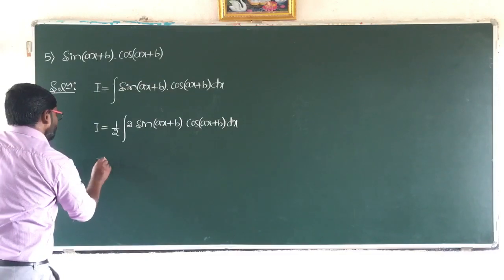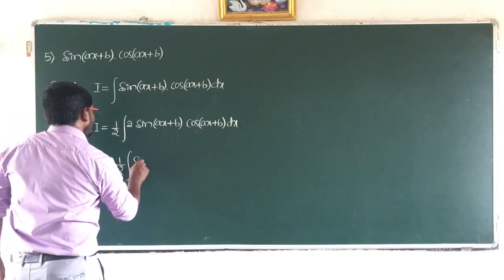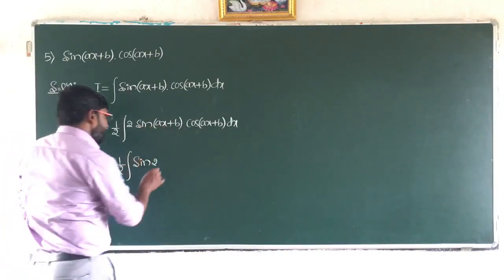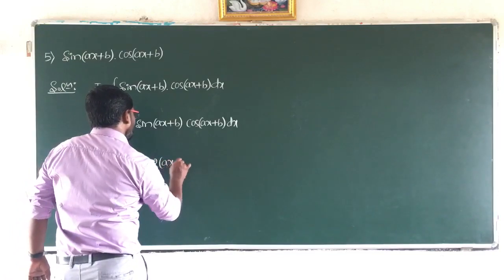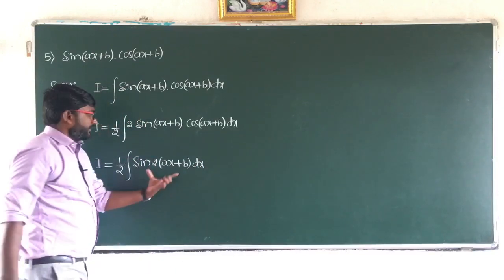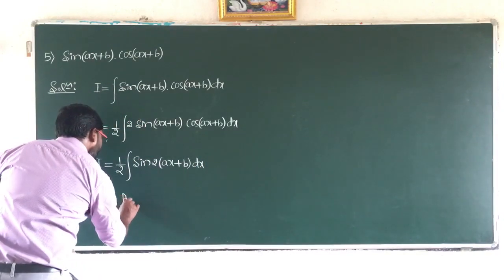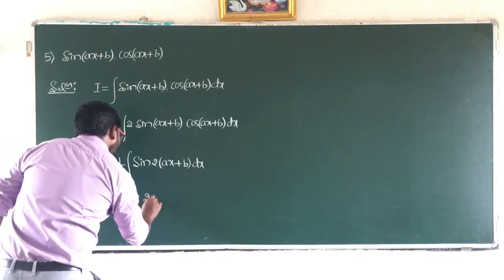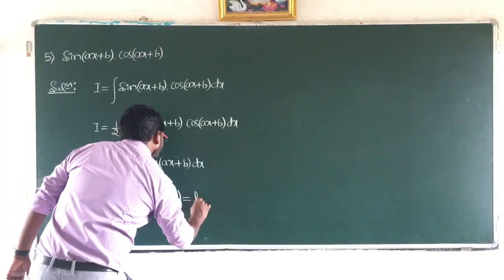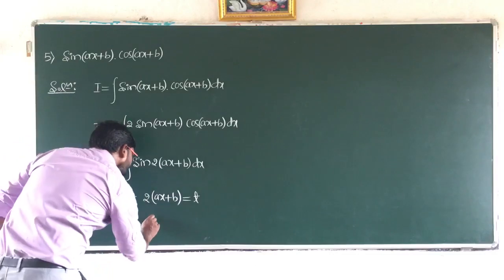I is equal to 1 by 2, write it as it is, integral. So this can be written as sin 2a. What is a? It is ax plus b. Sin of 2 into ax plus b dx. So now I have to take this as t. Put 2 into ax plus b as t. Now differentiate both the sides with respect to x. 2 is a constant, write it as it is.